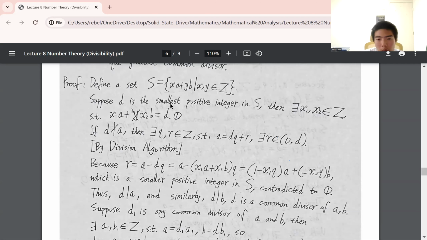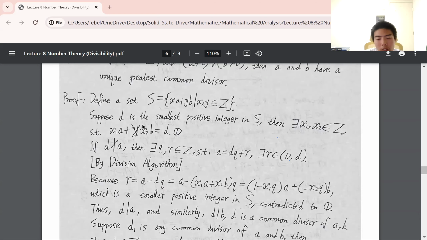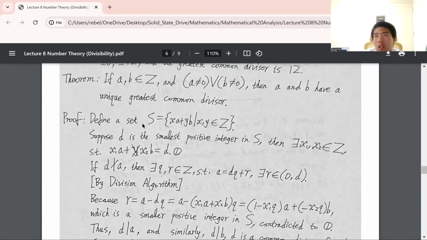So suppose D is the smallest positive integer in S, as defined here. This proof uses the knowledge of linear combinations, which comes from linear algebra, so maybe it's too advanced for the course for now. But if you have already studied some linear algebra, then xA plus yB is a linear combination of A and B, because x, y are not fixed while A and B are fixed.